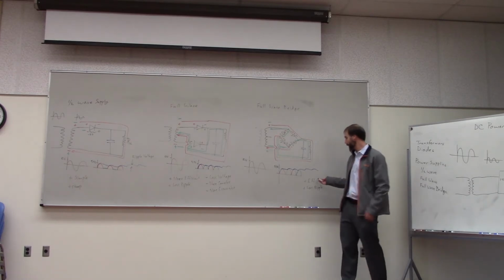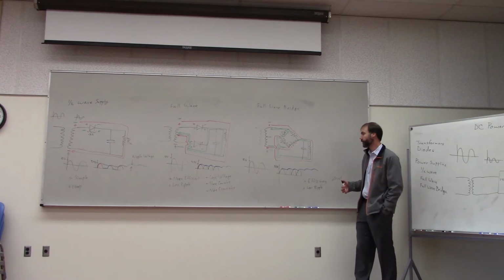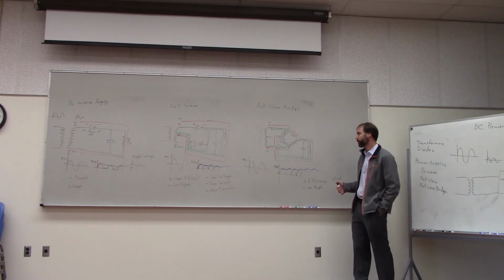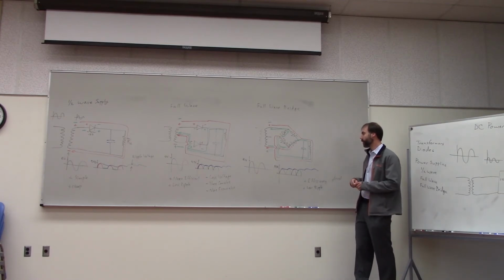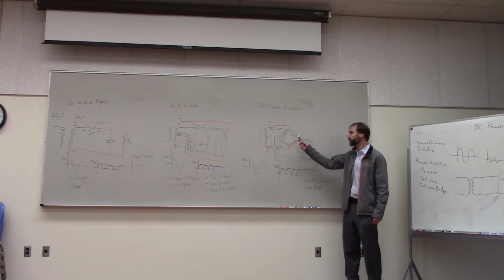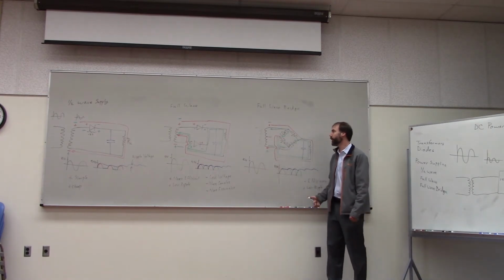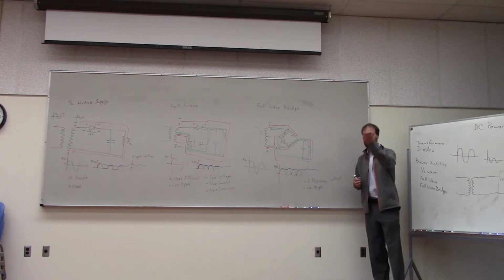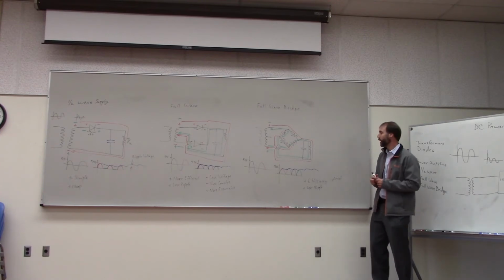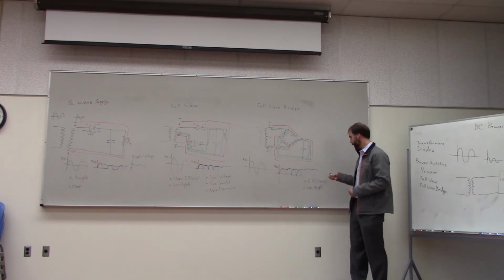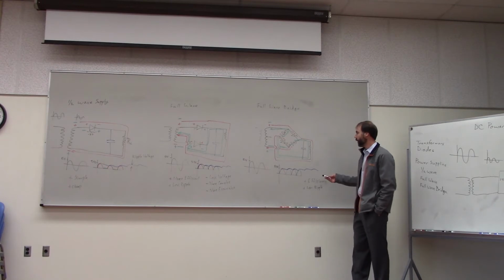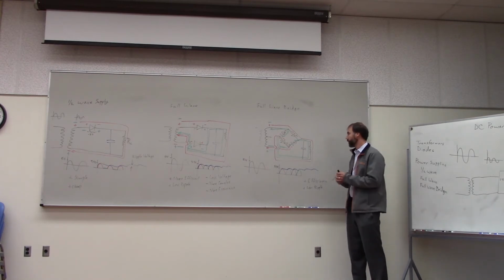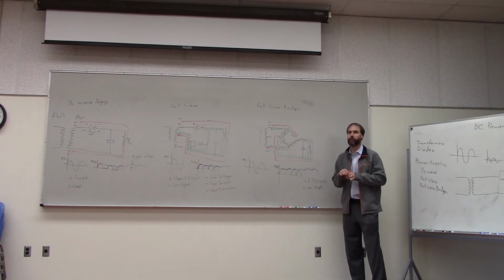So this is somewhere in between on the cost front, and the complexity is also in between, right? It's a little bit more complex than the half-wave, but this package of diodes comes as a single chip, so it's not that bad. To answer your question, these are used when you want a nice, smooth DC output.